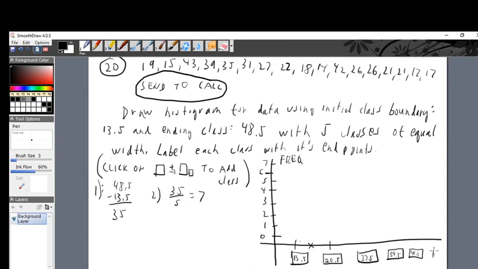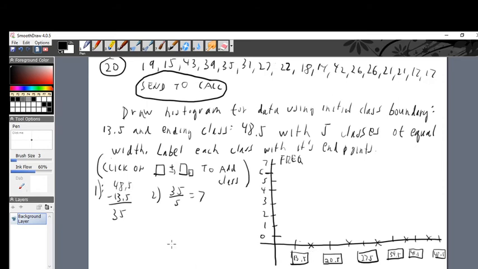And the last one, we were told, is supposed to be 48.5. And in between them, there's these little things, right? And if you don't have enough boxes, don't forget, you click on that icon. And if you did too many, you click on the icon to subtract. Okay, and then there's those little things over here that you can manipulate.